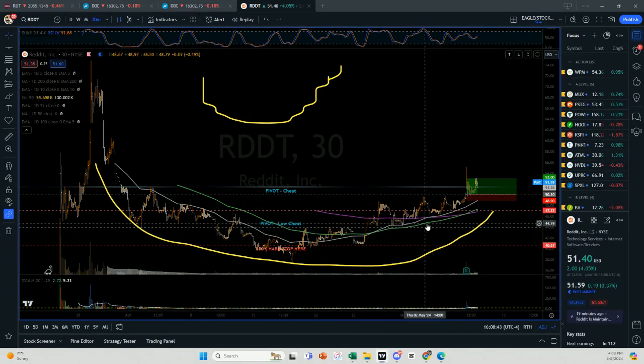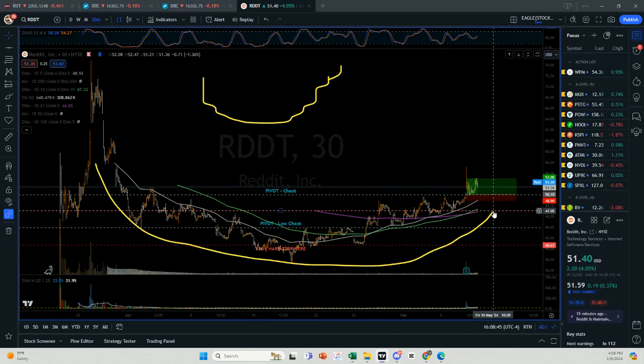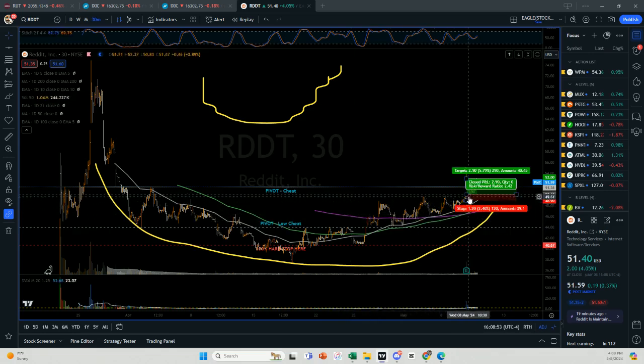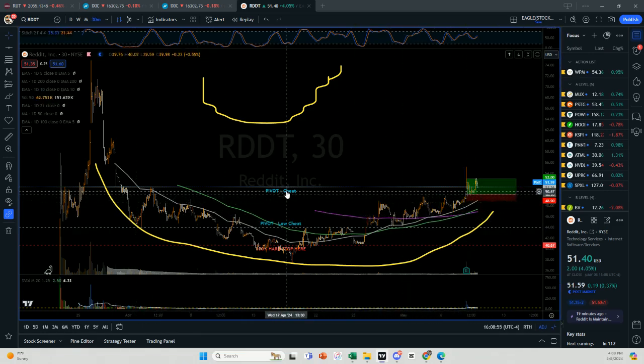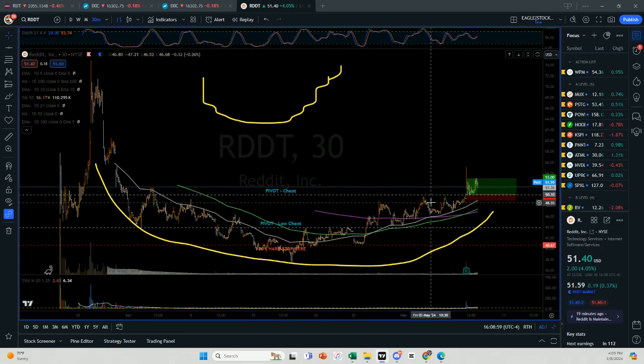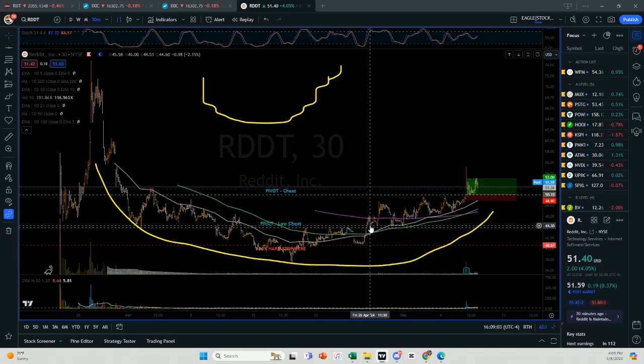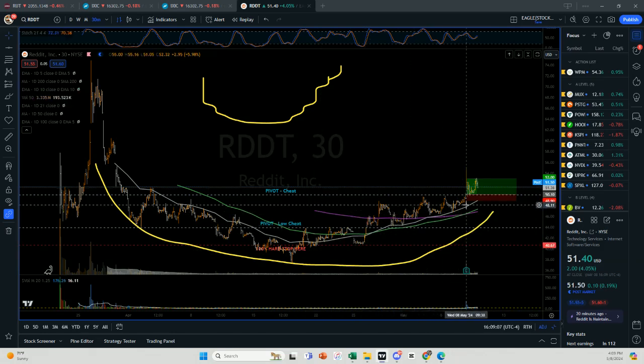When you start to come around the bend, let me take off this red line there for a moment. When you start to come around the bend and then you start to consolidate some more, this is making your standard cheat area. And this one is a little bit easier to use because you're not turning the corner, you're already in an uptrend. And you're able to tell that you're in an uptrend in a variety of ways.